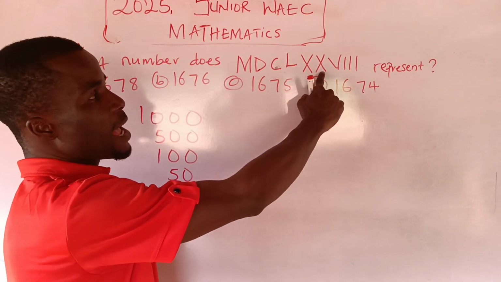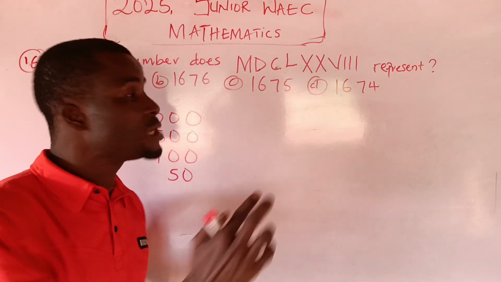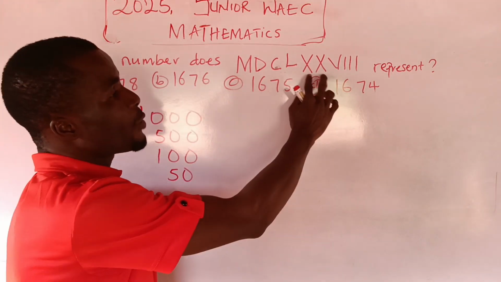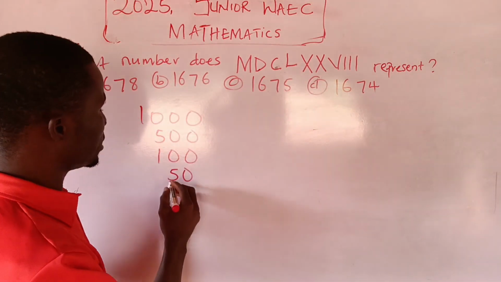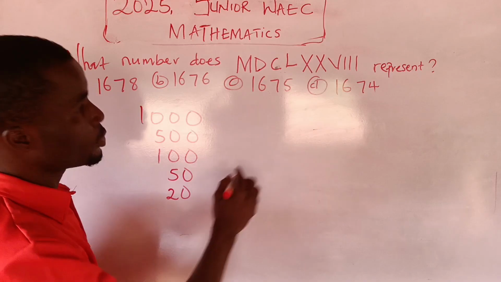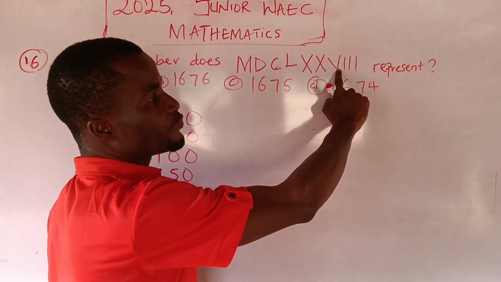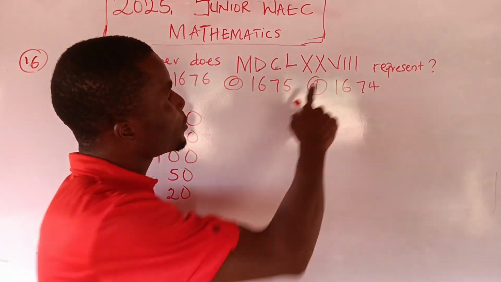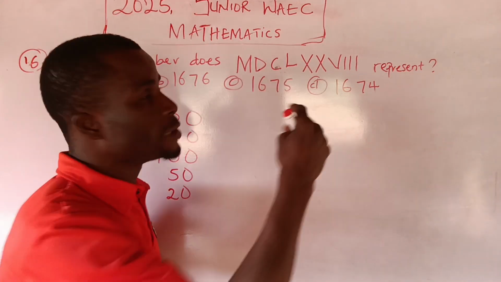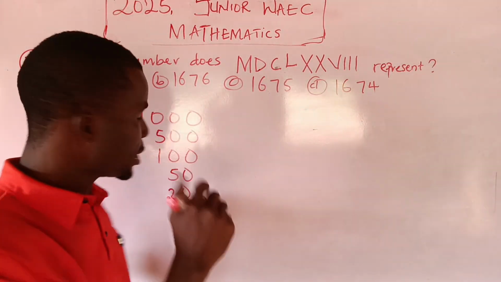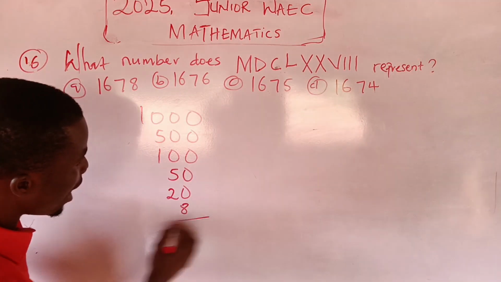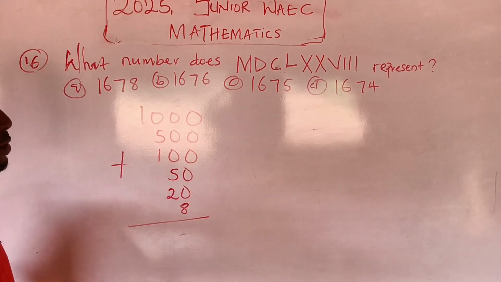This X means 10, and we have 2 X's here, which is 20. Let's put down 20. And we have this V means 5. I, that is 3. 5 plus 3 will give us 8. Let's put down 8 and add everything up.